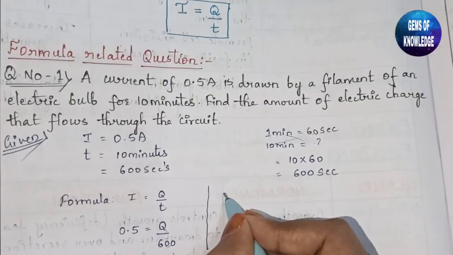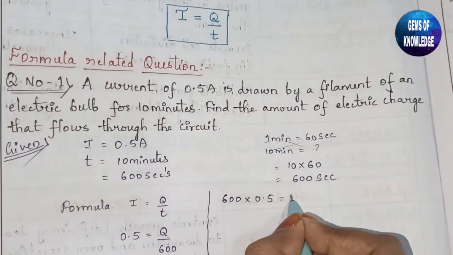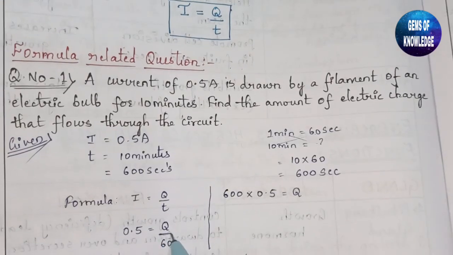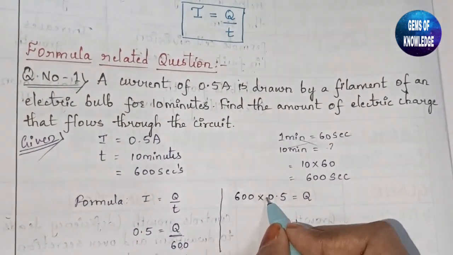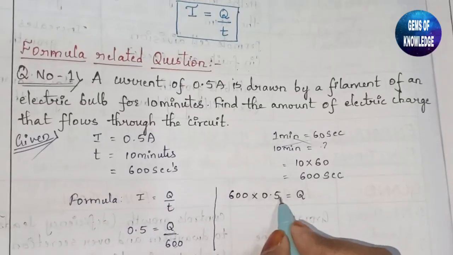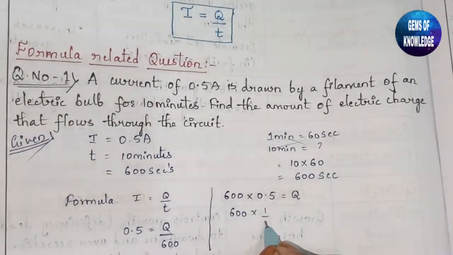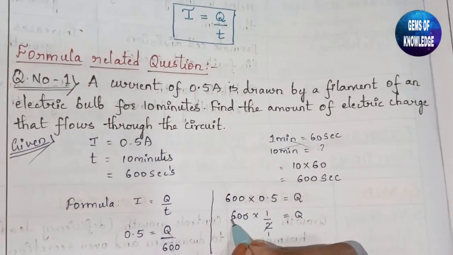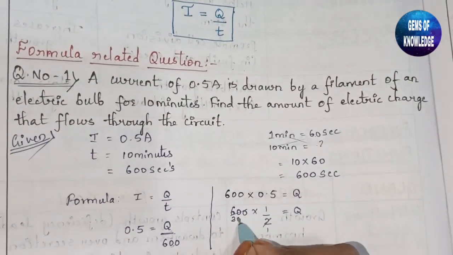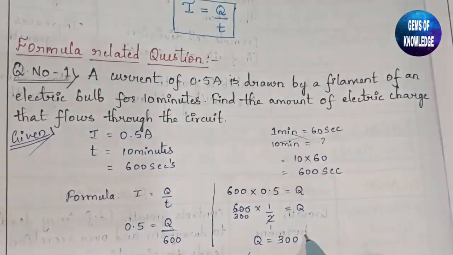It will become 600 into 0.5 is equal to Q. This is divided here, so if we move this to this side, it will become multiply. Now this 0.5 is half. So 2 ones are 2, 2 threes are 6, 0 and 0. So Q is equal to 300 C.